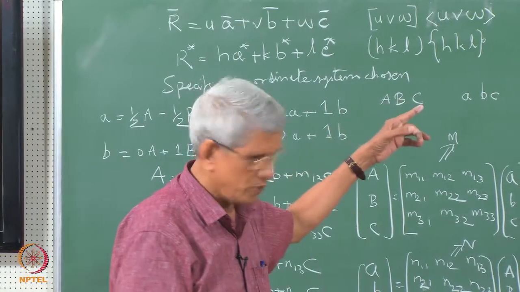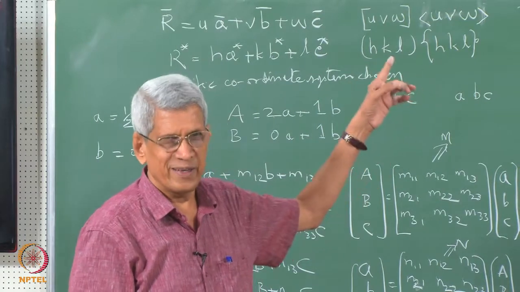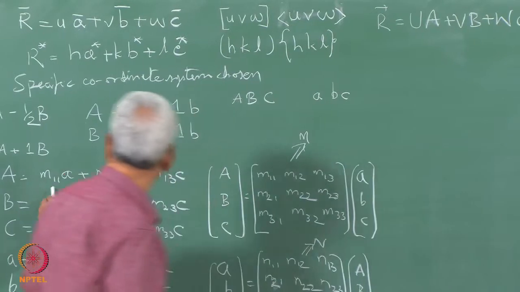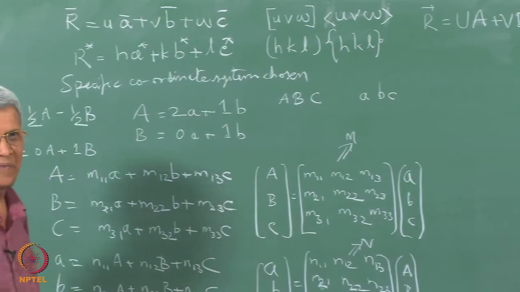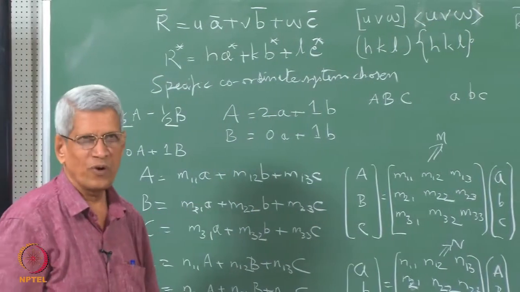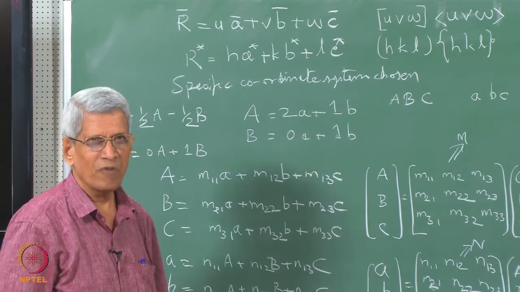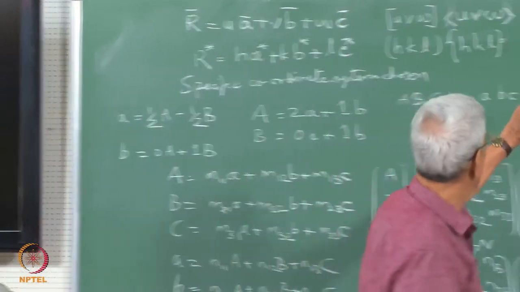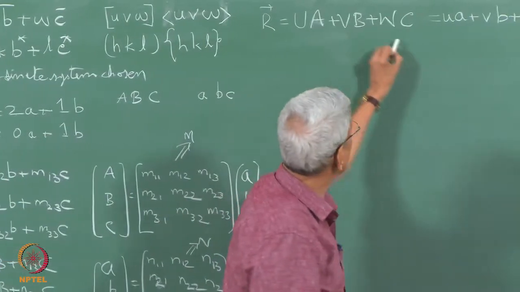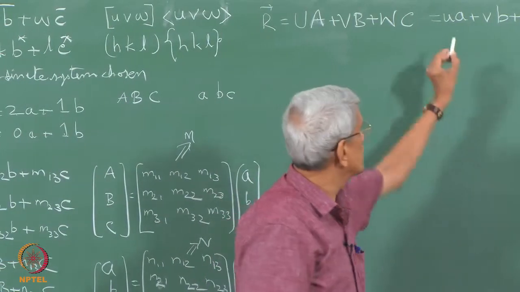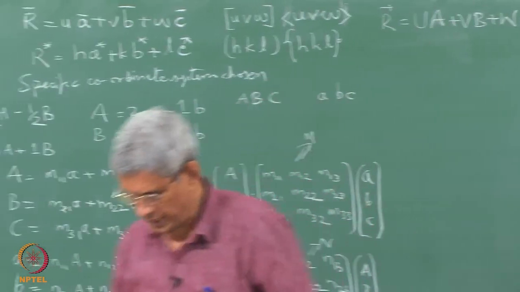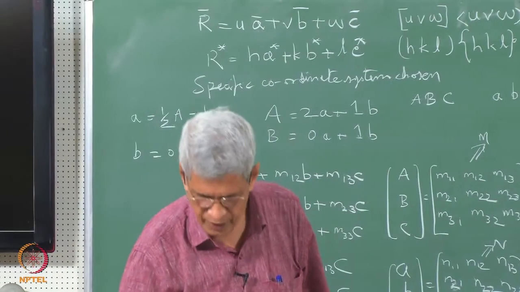Now, we can substitute for ABC in terms of the old coordinate system, and if we equate the coefficients of A, B and C, then we can find out the values of U, V and W from this equation, correct. Okay.